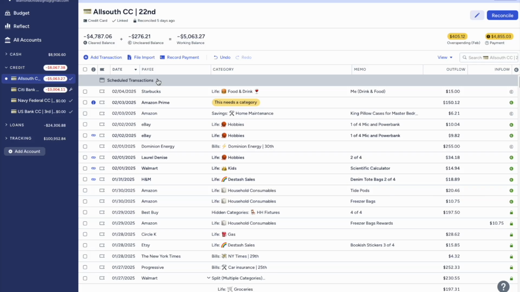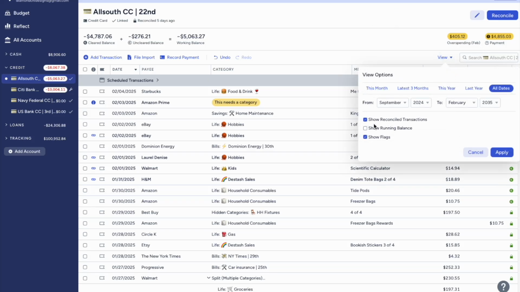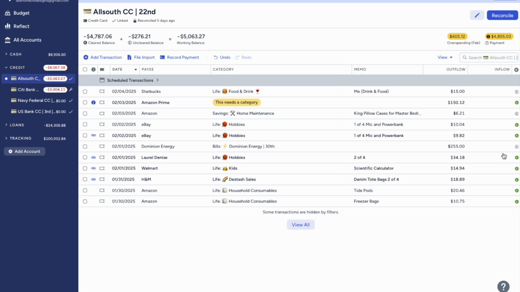So I'm going to log in to my credit card account. I'm going to hide reconciled transactions. And then a lot of these clear automatically, but I'm going to go through them starting, looks like the 30th.